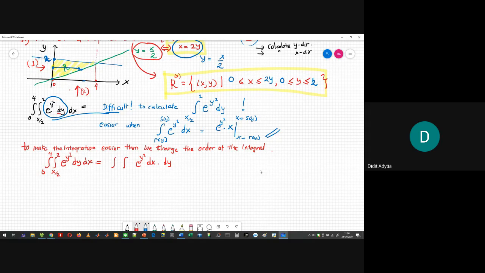From 0 to 2y. Dari sini ya. And then y itself is from 0 to 2. Oke. Jelas nggak nih? Jelas, Pak.